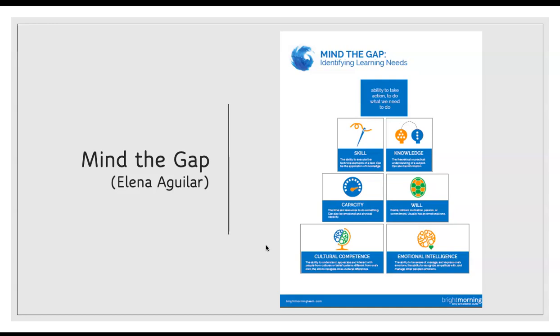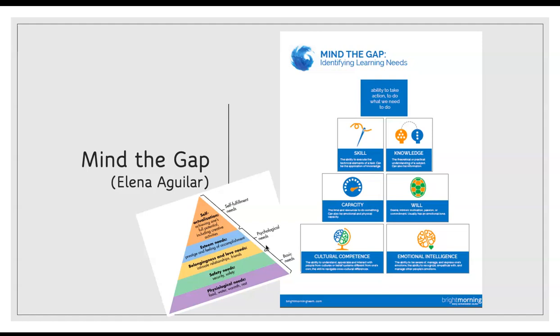So with capacity, of course, we're talking about time and resources, and those are relevant to our learners as well. Do they have enough time to finish their project? Are the resources there for them to finish it with quality? We also want to think about capacity in the sense of, do they have the emotional and physical things they need to be successful? And so we think back towards Maslow's hierarchy and just the basic needs that people need addressed in order to be successful, from physiological needs, safety, belongingness and love, esteem needs, and self-actualization.